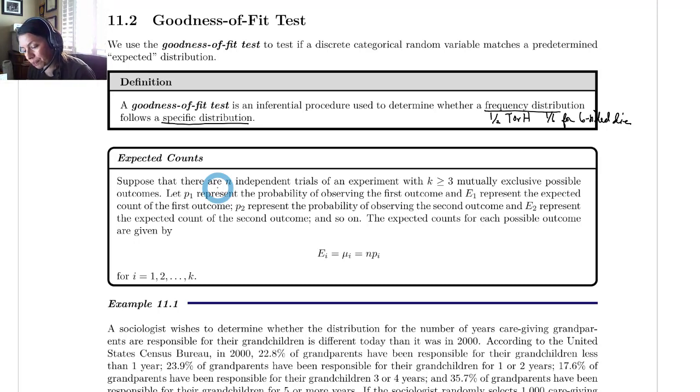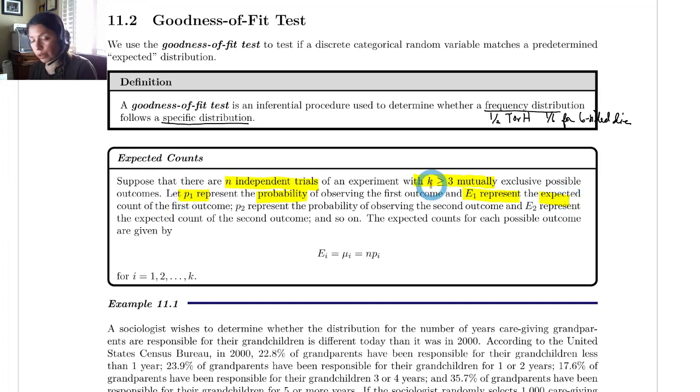And so the expected counts are, with n independent trials, an experiment with k greater than or equal to 3 mutually exclusive possible outcomes. P1 represents the probability, right? And E1 represents the expected count. So how do we calculate the expected count?